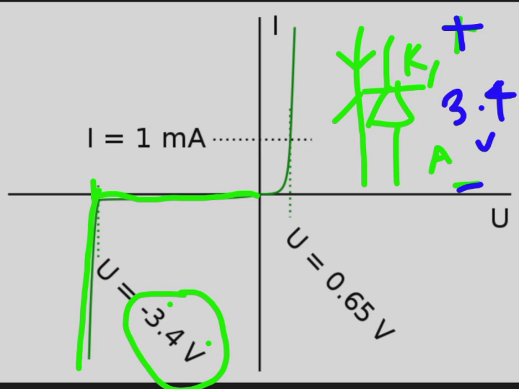But in the case of a normal diode, the breakdown voltage is far bigger, like 50 volt, 30 volt, something like that. When you cross that breakdown voltage in a normal diode, your diode will break down. That heavy current damages the diode. That's called avalanche breakdown in a normal diode.